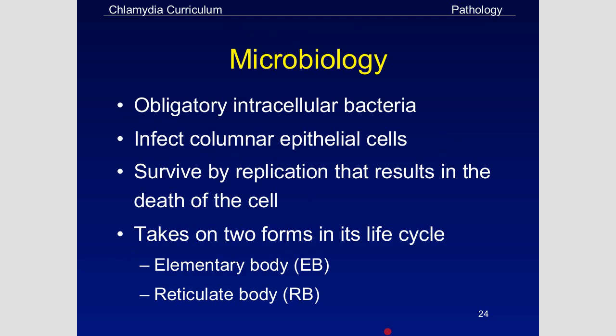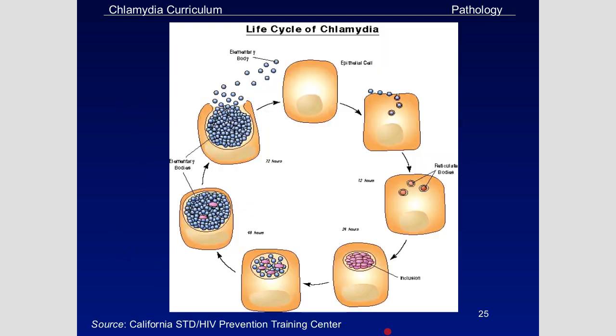In terms of their life cycle, they exist in two important forms, the elementary body and the reticulate body. These are two important things in terms of chlamydia, and we call them EB and RB, and that's what we are looking for when we do the tests. If you look at the life cycle of chlamydia, you can see from here that it goes into cells, kills the cell, multiplies, and kills the cell over time.